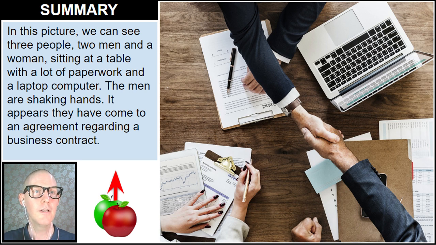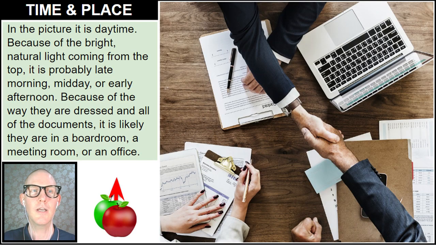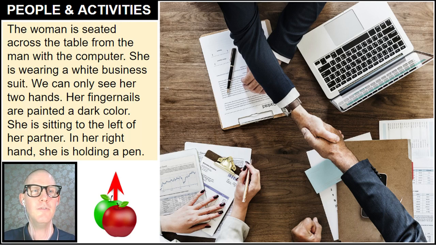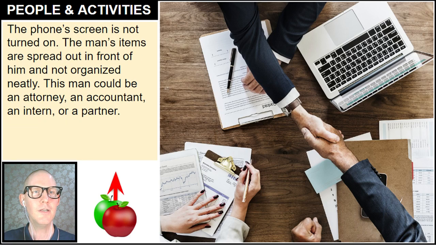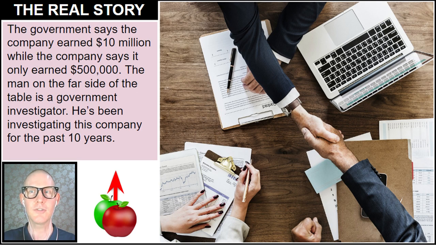All right. Did we describe the picture in detail and explore vocabulary? Oh boy, did we. We talked about time and place. We talked about people and activities. Wow, so much. And we talked about the real story.